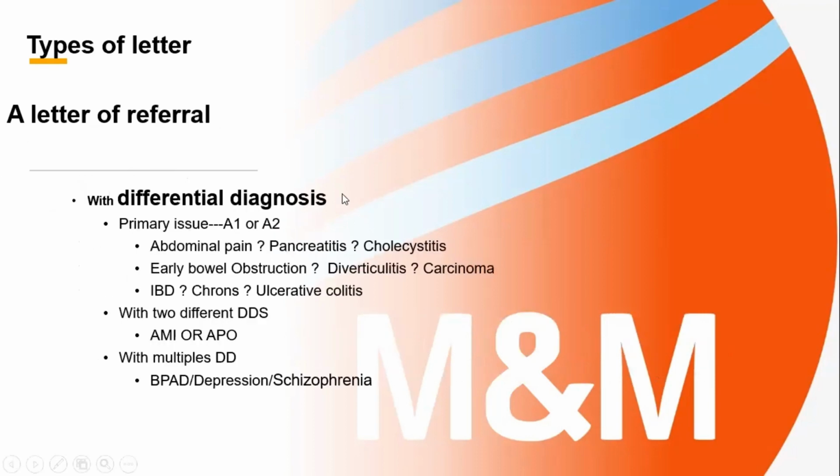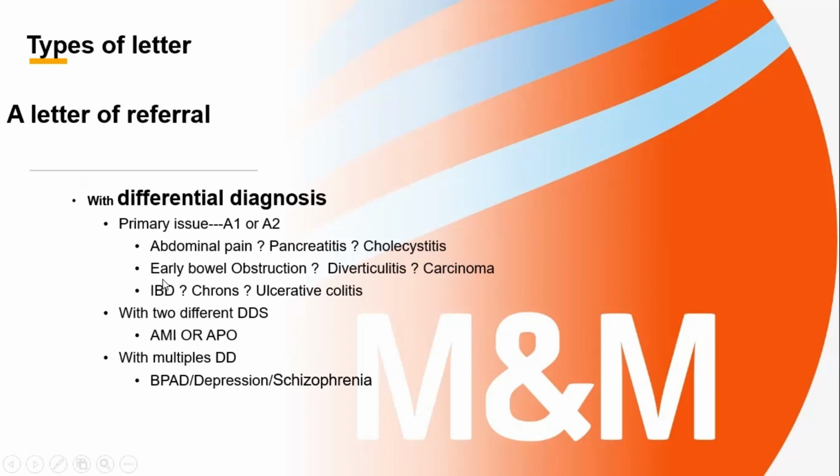Followed by the differential diagnosis. In a differential diagnosis, we have different diagnoses being given, right? Say we have the primary issue, for example abdominal pain, and then we have two suspected conditions, it also comes under the differential diagnosis.